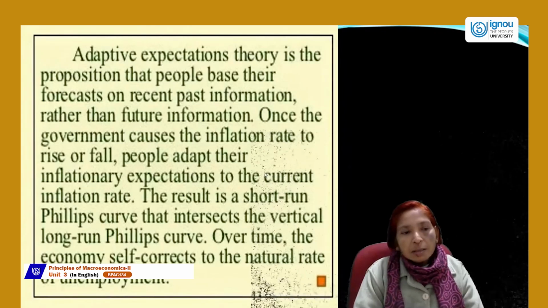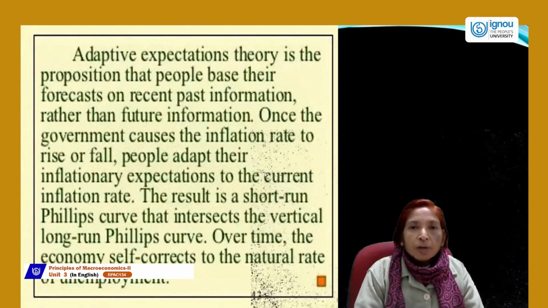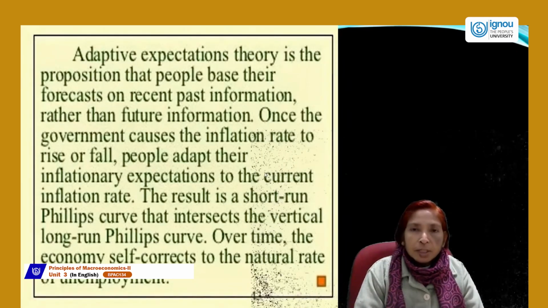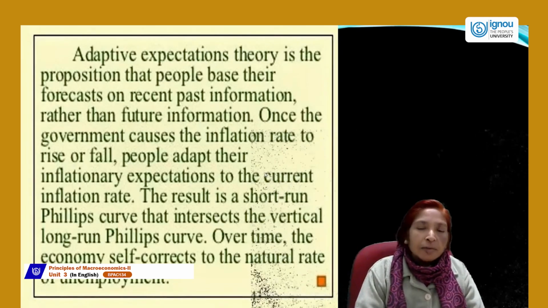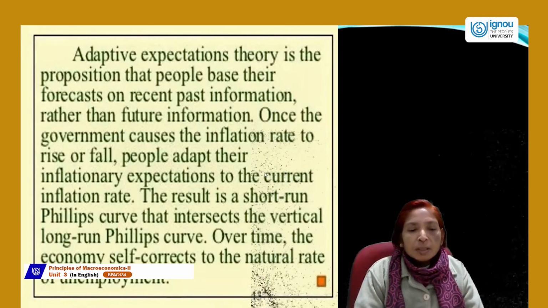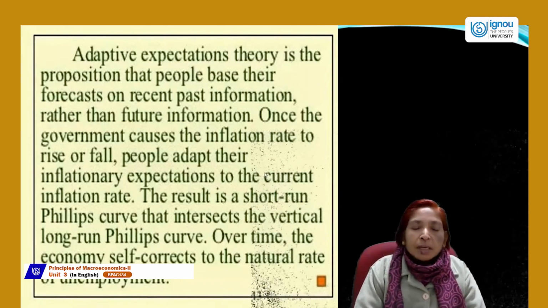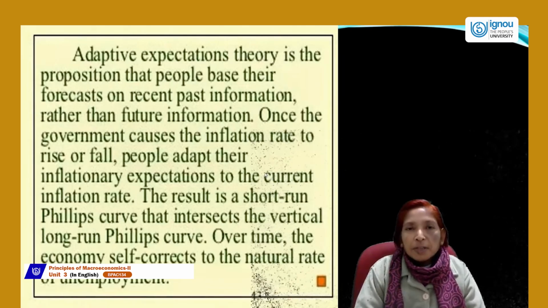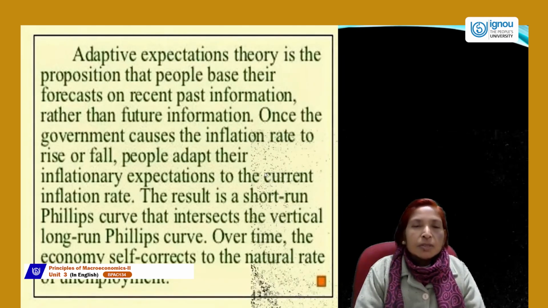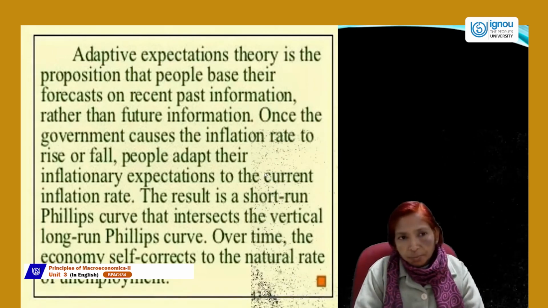The result is a short run Phillips curve that intersects the vertical long run Phillips curve. Over time, the economy self corrects to the natural rate of unemployment. In case of this adaptive expectation, we adopt the previous trends, and by seeing the previous trends, previous forecasting, previous data, we can forecast for future.